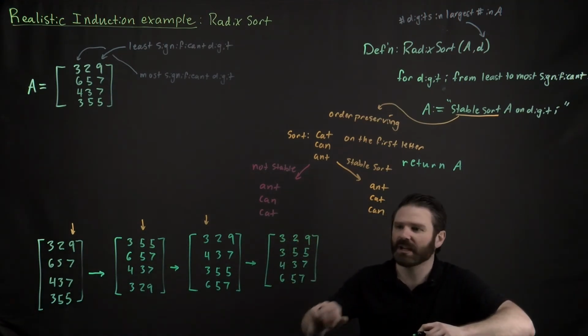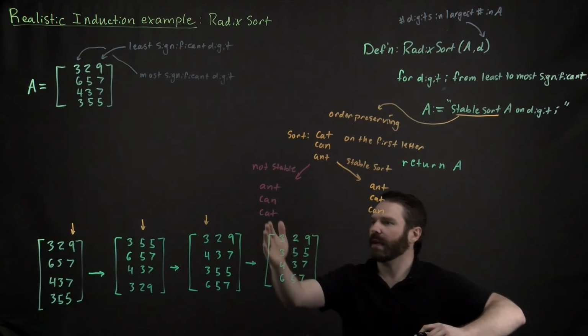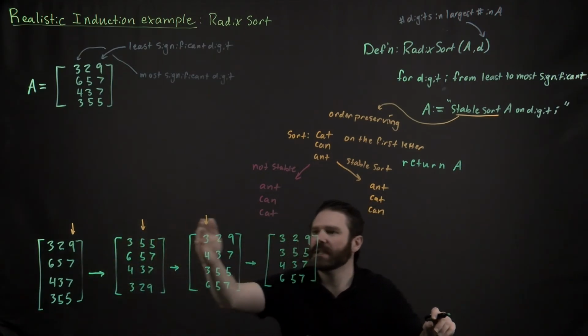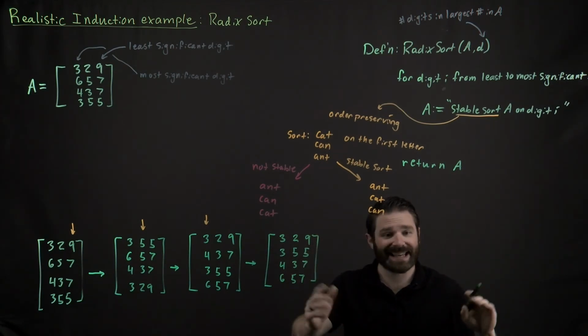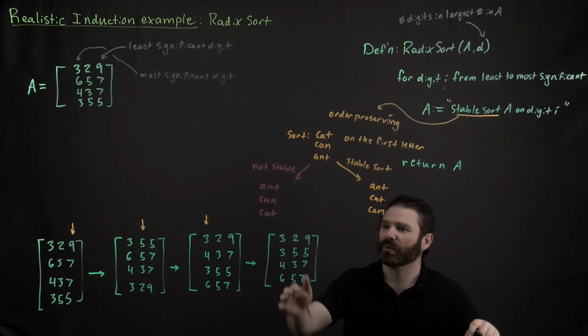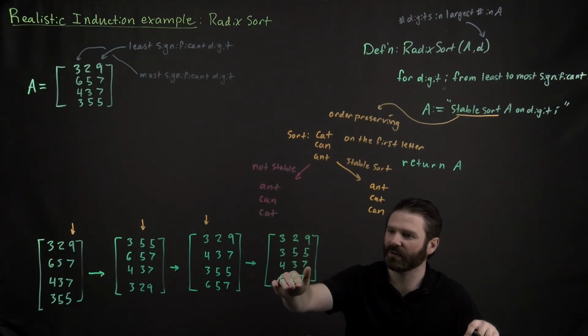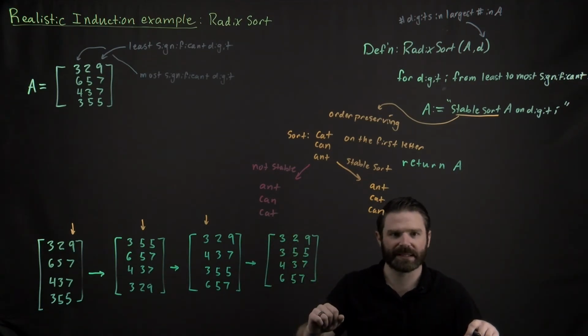And if you check that out, we have now completed our algorithm. We have iterated from our least significant digit to our most significant digit, and this is what we would return. And you can see, yes, indeed, it is sorted. We're going in ascending order here, and this thing really is sorted.